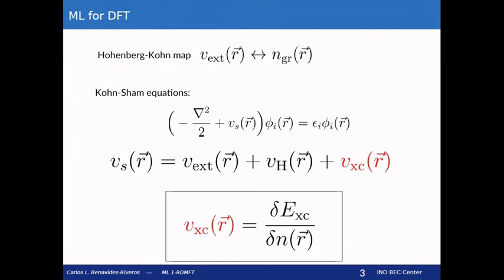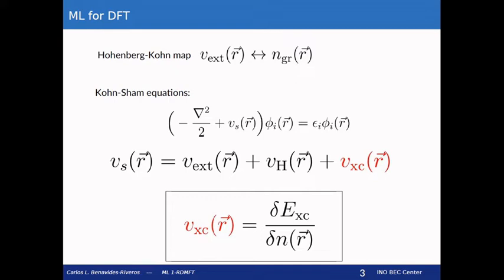The second way is to use the structure of the Kohn-Sham equations, and here the question is what the exchange correlation potential is. The Kohn-Sham equations contain the external potential, the Hartree potential, and the exchange correlation potential.